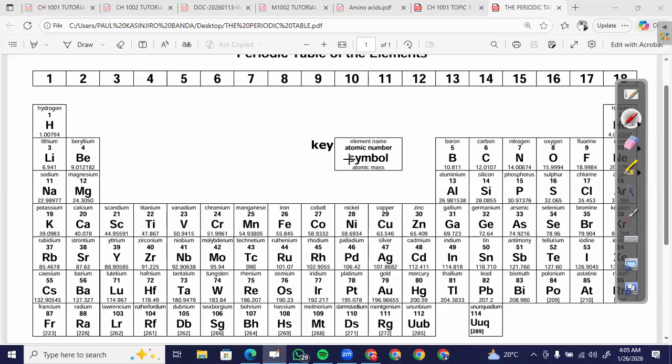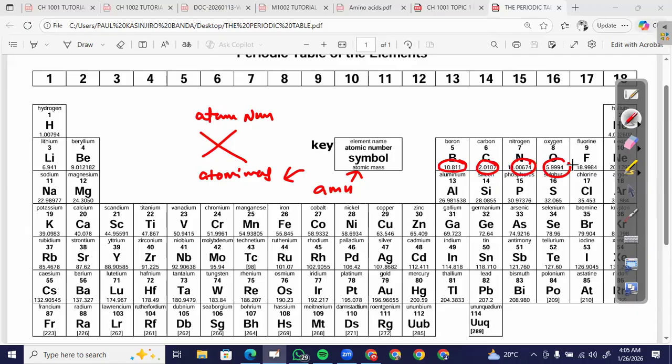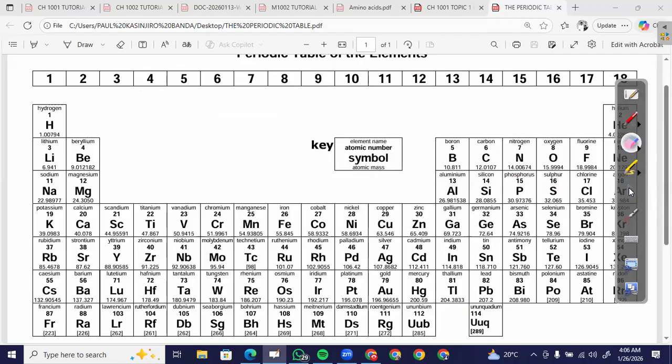There is the written symbol, so I'll just write X, and down there you can see the written atomic mass, and on top, the written atomic number. This atomic mass is the one that is measured in AMU, atomic mass units. All these numbers below the symbols are what we call atomic mass units. We get these by finding the average of the isotopes for that particular element.